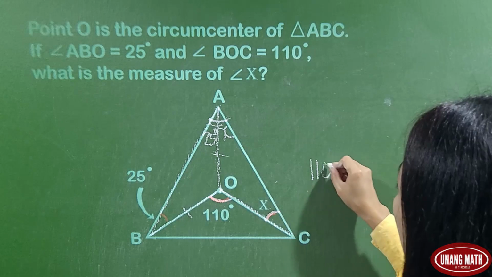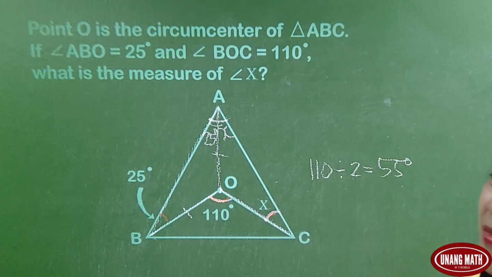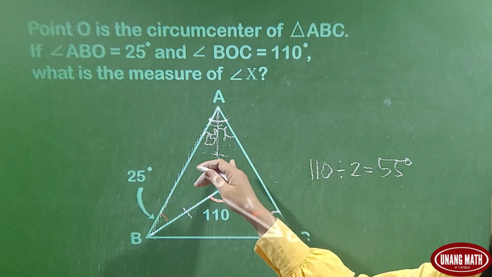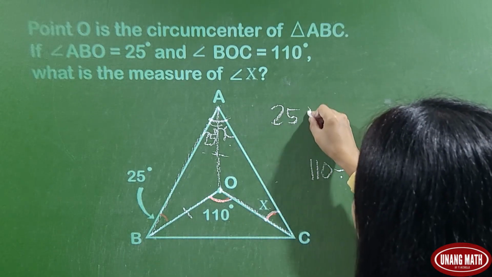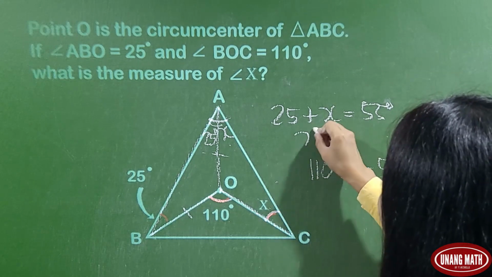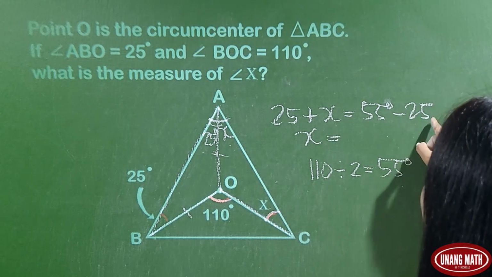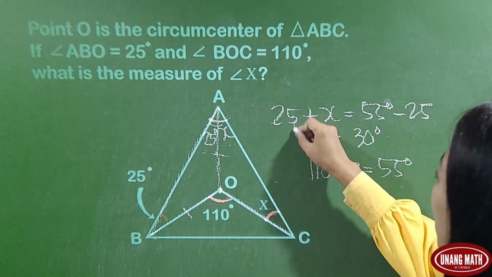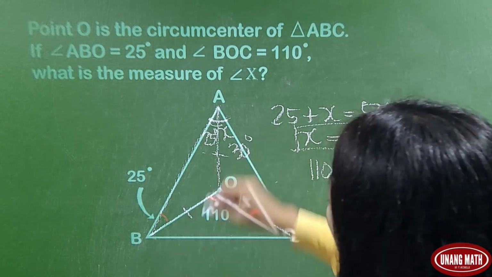Half of 110 is 55 degrees. So this angle plus this angle should be equal to 55 degrees. So 25 plus x is equal to 55 degrees. So x is equal to 55 minus 25, which is 30 degrees. So the measure of angle x is 30 degrees.